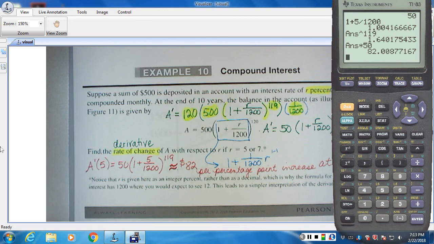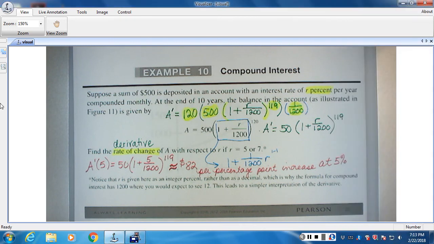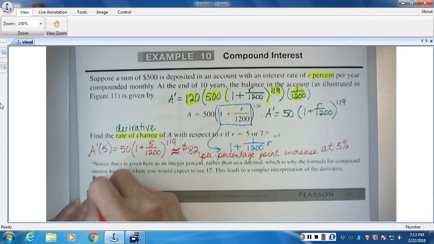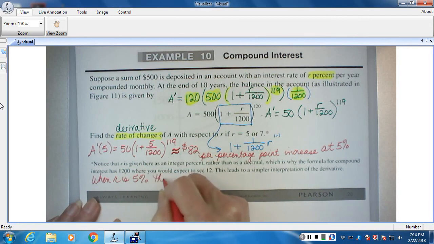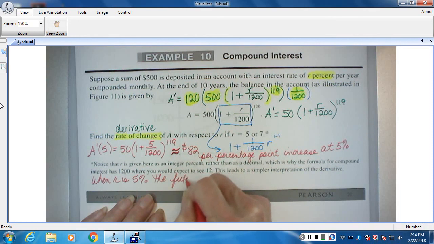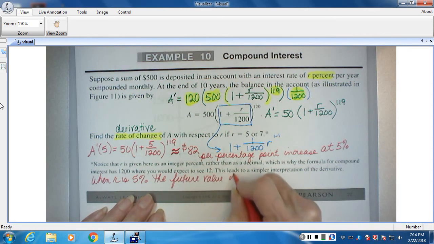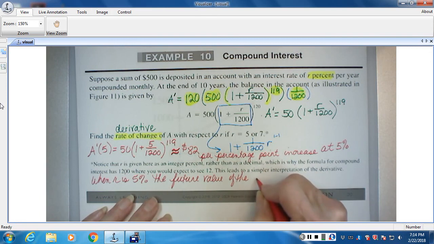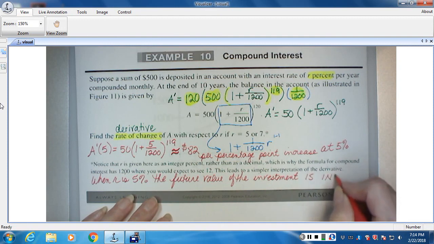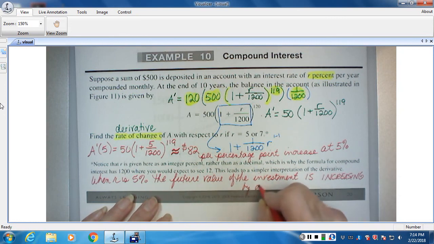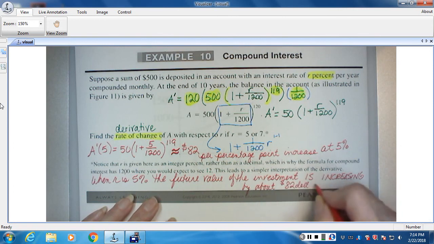So my conclusion here for that particular problem is when R is 5%, the future value of the investment is increasing by about $82 per point increase.